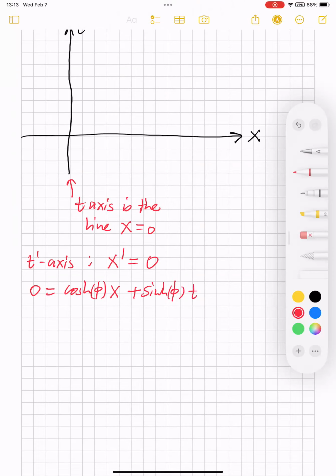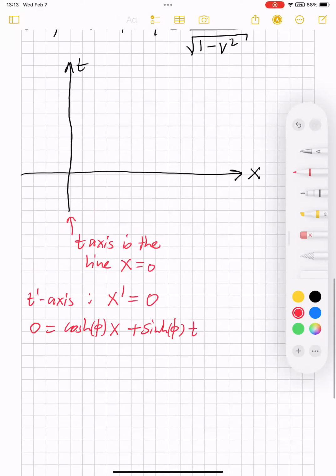And if we solve, what is t equal to? t is equal to minus 1 over the tanh of phi times by x. So we have a line with a negative slope.